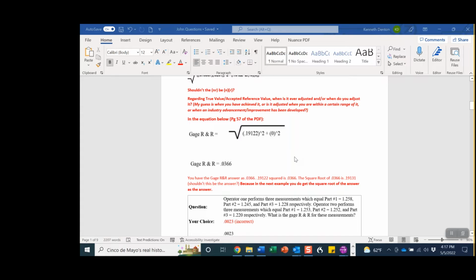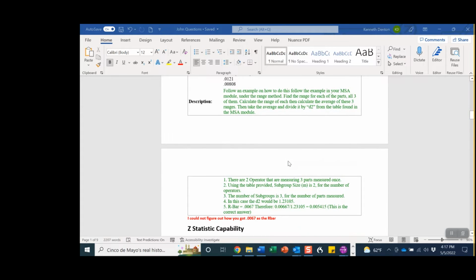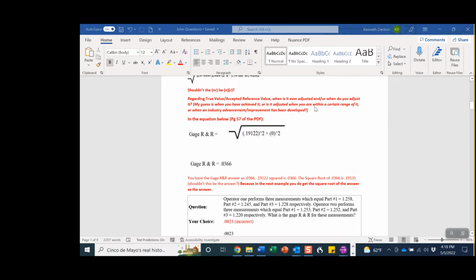All right, let's see here. This one here. In the equation below, that you can see here, hopefully, if I needed to pull up the PDF, I could. This is the equation that was in the PDF, and you have your answer at 0.0366.